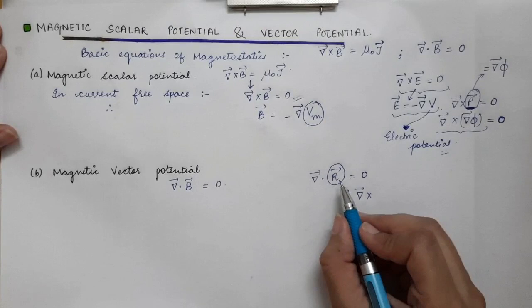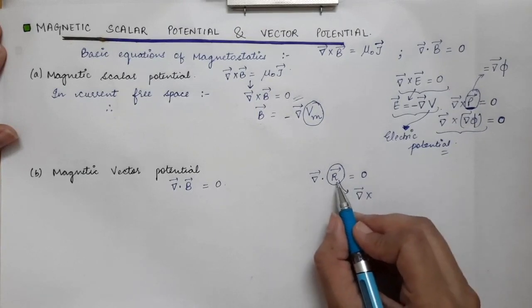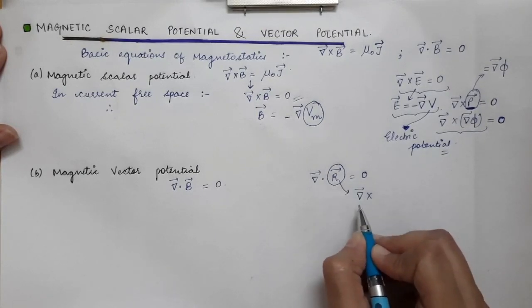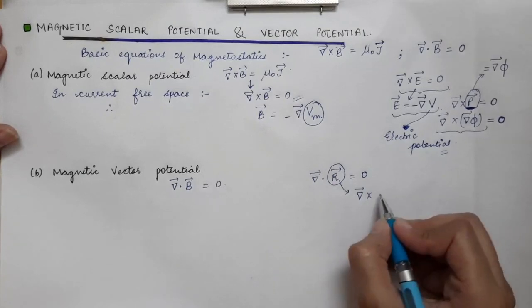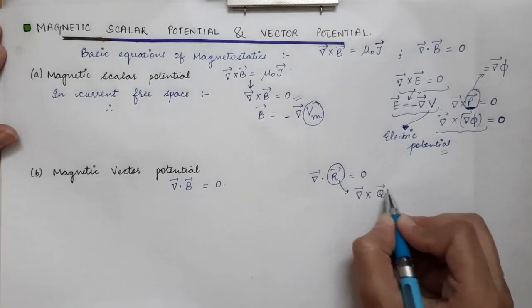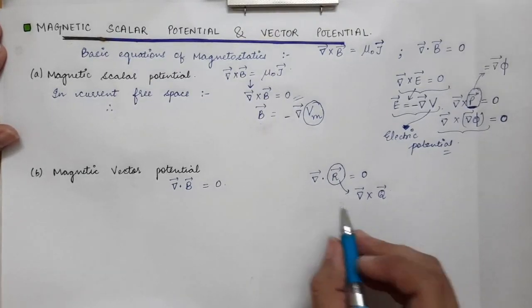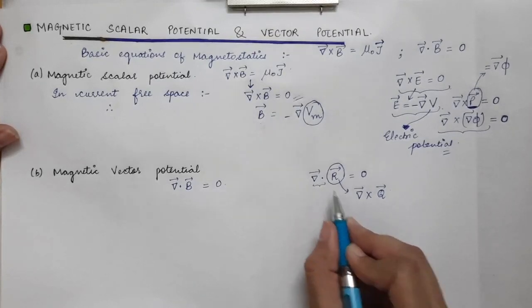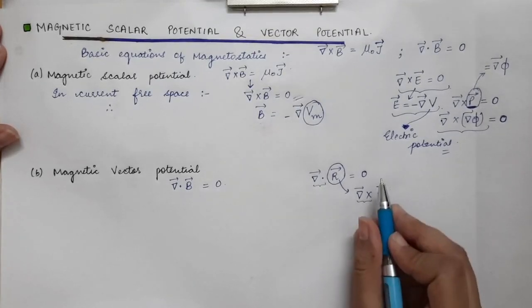Let's say it is the q vector. And that's because the divergence of curl is always equal to 0.